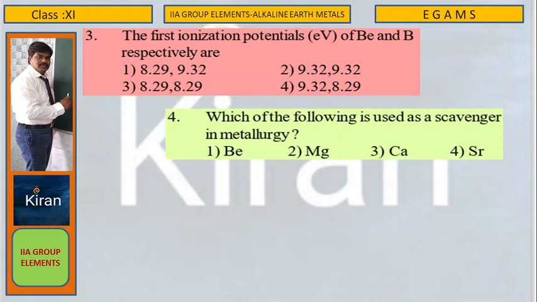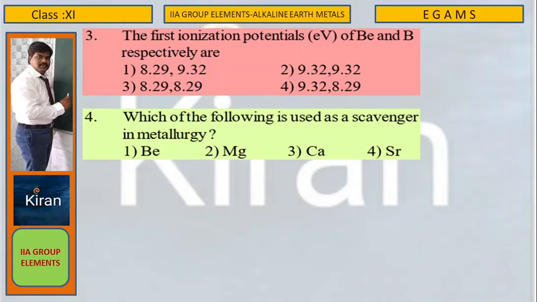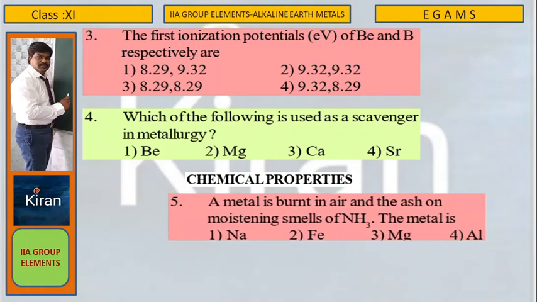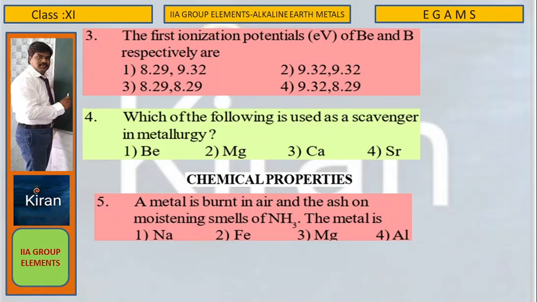Which of the following is used as a scavenger in metallurgy? Scavenger in metallurgy, which material can we use? Beryllium, magnesium, calcium and strontium. So the third one, calcium, we can utilize. A metal is burnt in air and the ash on moistening smells of NH3.